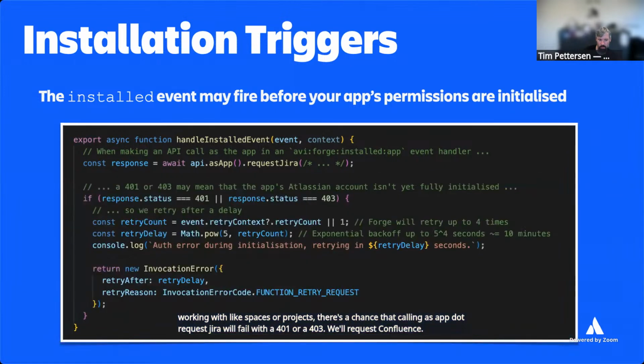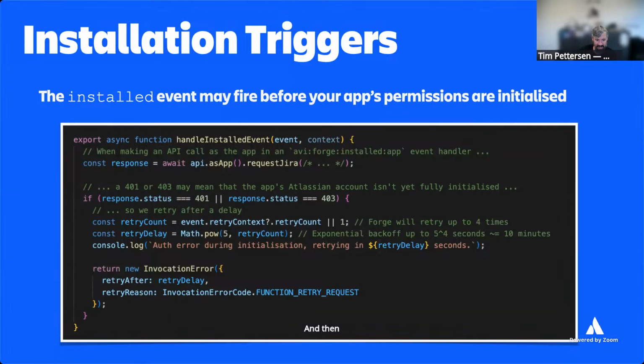So one important thing to do in an installation event, and we've actually updated the documentation to have this pattern documented, since we've seen a couple of partners run into this, is to make sure that you're trapping 401s and 403s, even when you're requesting the appropriate scope and you should always have those permissions, and then throw an invocation error with a retry delay and a retry reason.